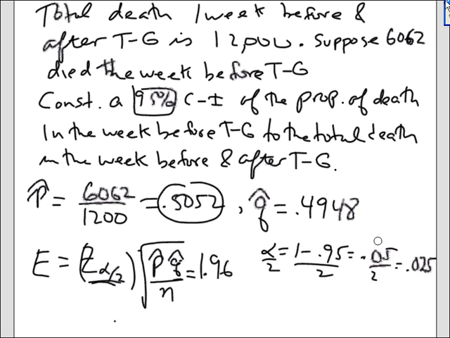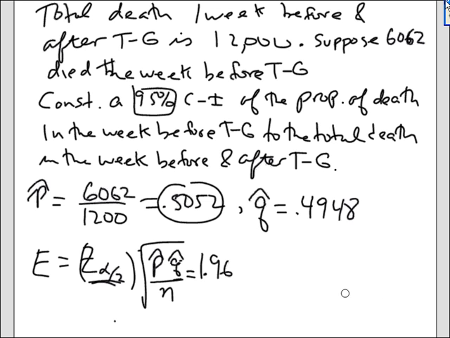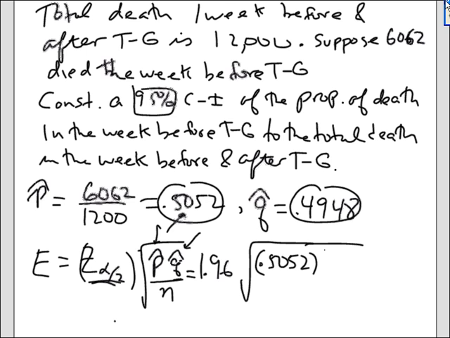If you look on the table for 0.025 and then read the left column and the top column, you get 1.96. And then you multiply this by p hat, which is right above, 0.5052, times q hat, which is 0.4948.